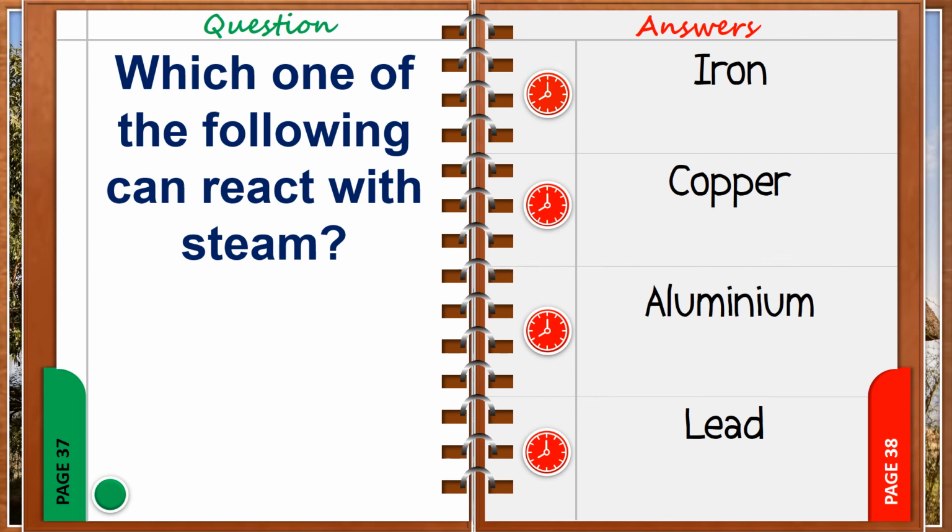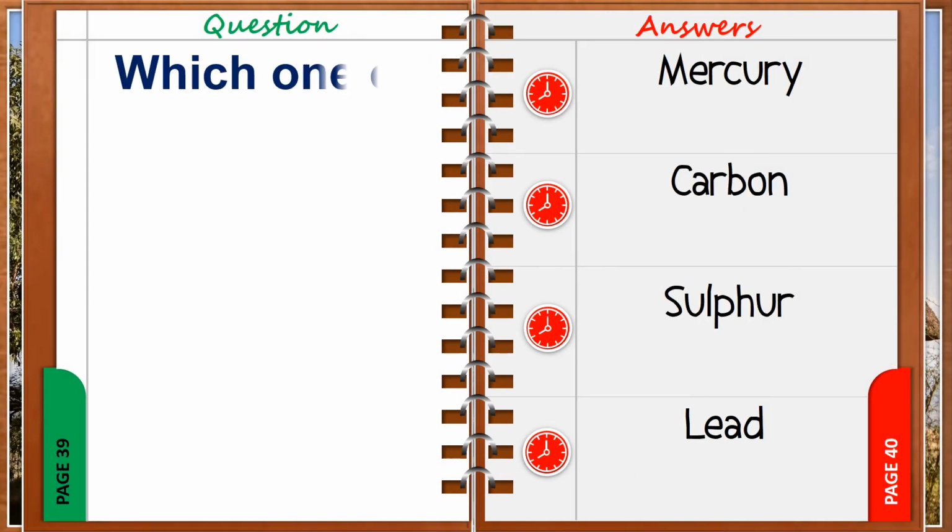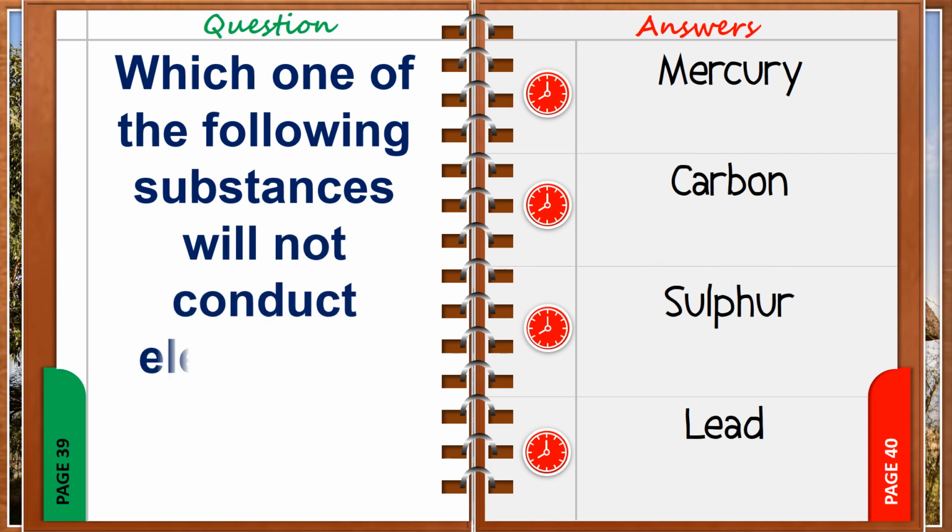Iron. Which one of the following substances will not conduct electricity? Sulphur.